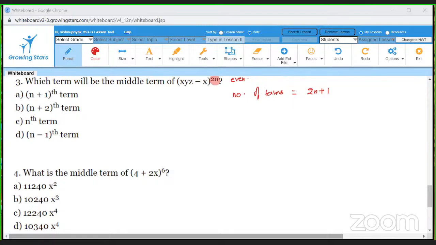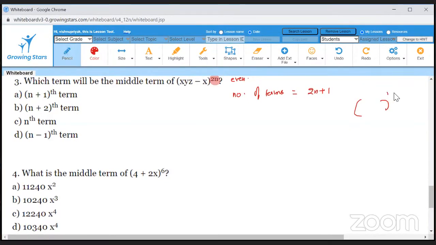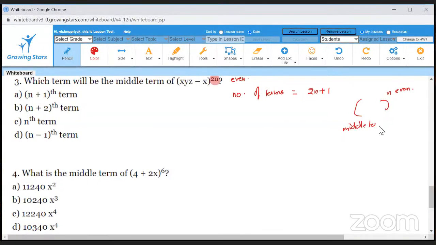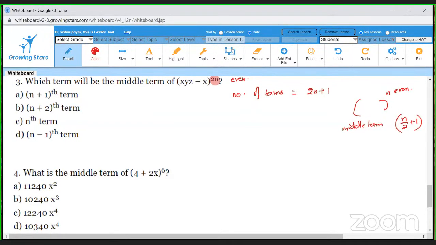So whenever the binomial is having even power, suppose the binomial is having n and n is even, then what is the formula I gave you? What will be the middle term? N by 2 plus 1th term will be the middle term.